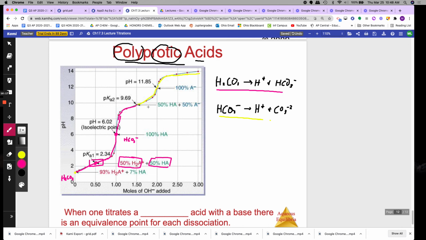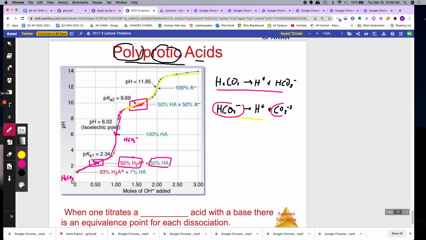When you get to this point, here you have all HCO3 minus. When you get to this area right here, you're going to have half and half again of these two. This is again the buffer region. So this should really be yellow on this area right here.